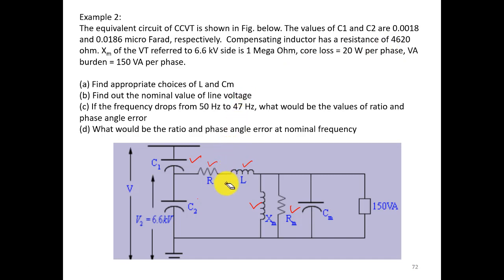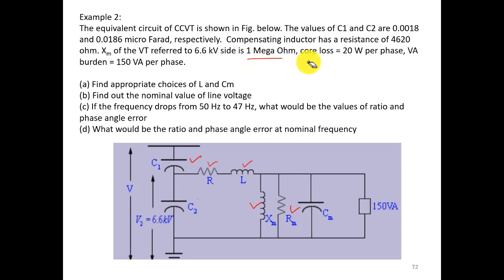This in fact you can say the compensating inductor is included here. Okay. Resistance of this ohm, Xm of the VT referred to 6.6 kV side is 1 mega ohm. That is Xm is referred here to the primary side. That is 6.6 kV here is mentioned across the C2. That is 1 mega ohm, right?